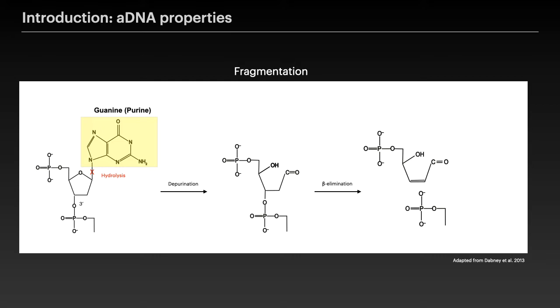Basically the backbone of the DNA breaks, and this breakage has been shown to occur more often at sites adjacent to purines, meaning A's and G's. There is now good evidence to support that the severity of this process depends largely on temperature, among other environmental factors.